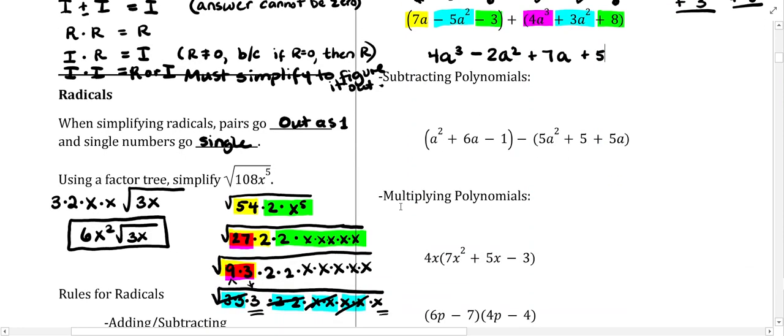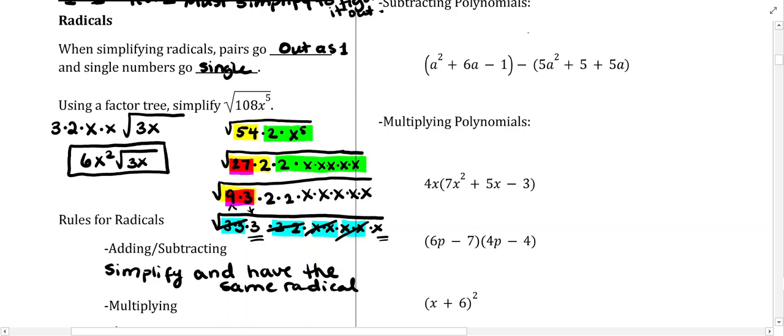Subtracting them, you have to distribute the negative sign. Remember, distributing the negative sign means you're multiplying by negative 1. So hopefully y'all feel a little bit more comfortable with this now. So you have a squared plus 6a minus 1.